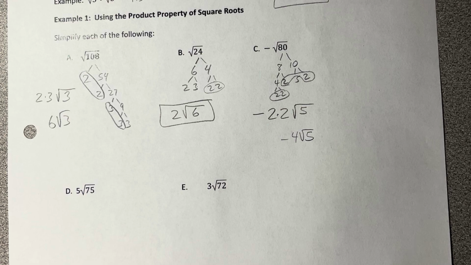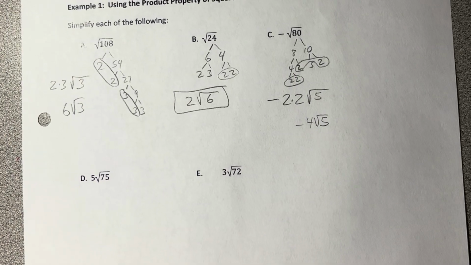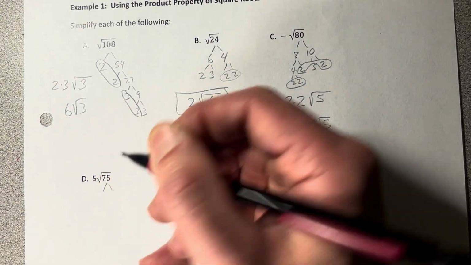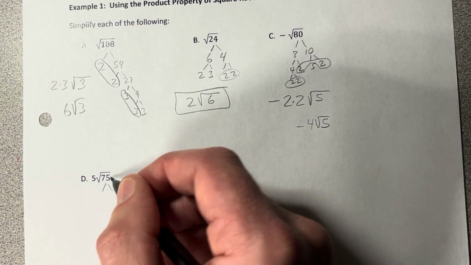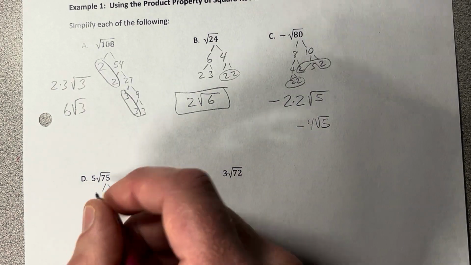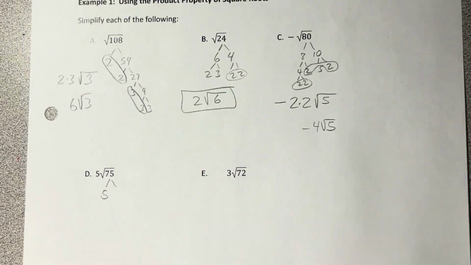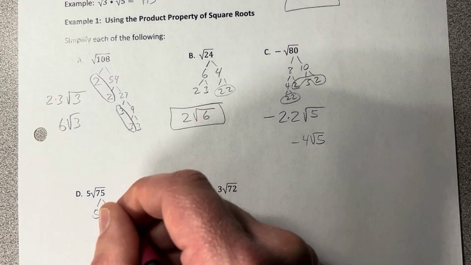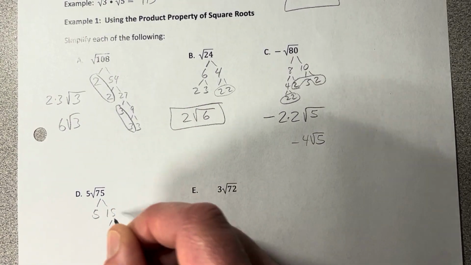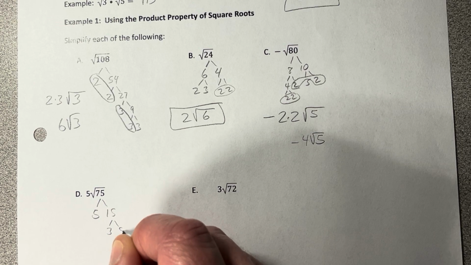All right, 5 square root of 75. Take a look. 75. Oh, if it ends in 5, you know 5 goes into it. So let's do 75 divided by 5 is 15. 15 breaks up into 3 and 5.